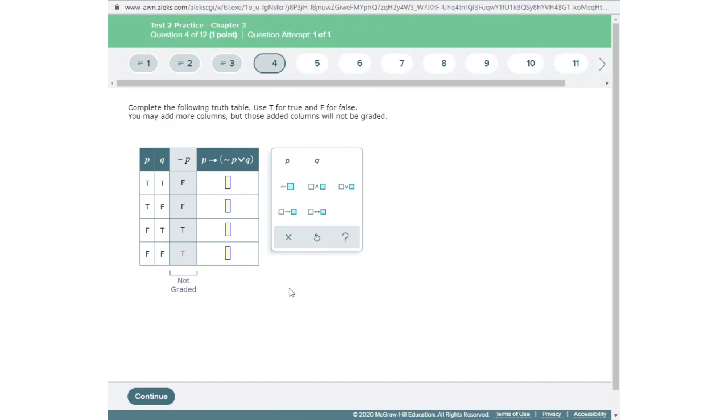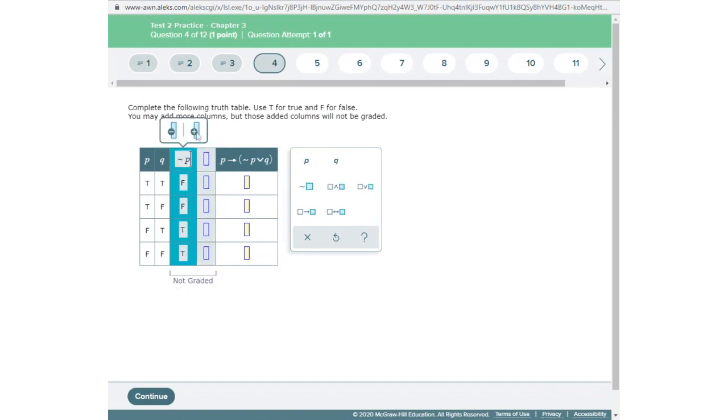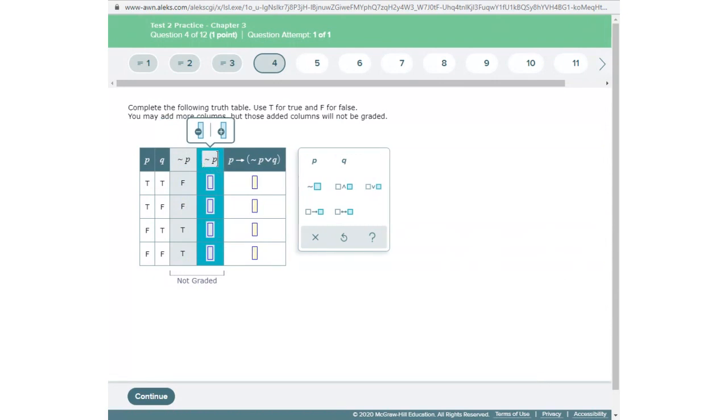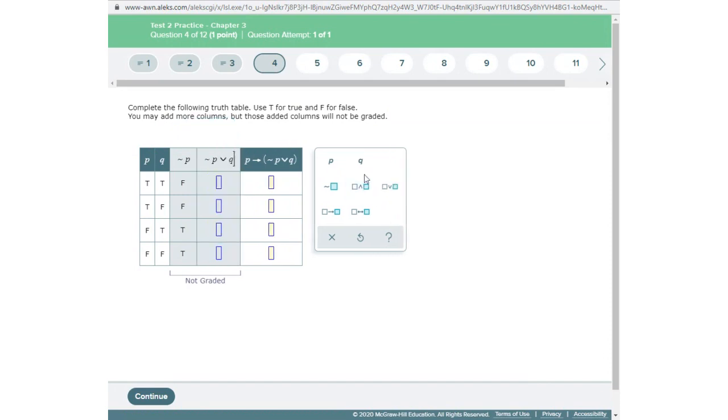All right, so now we've got this on the inside. So I'm going to put another thing right there. I'm going to do this one and Q. So that's going to be looking at these two.